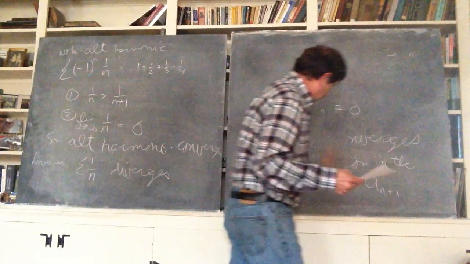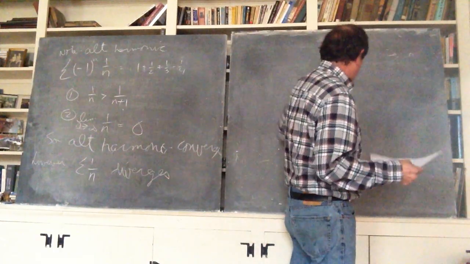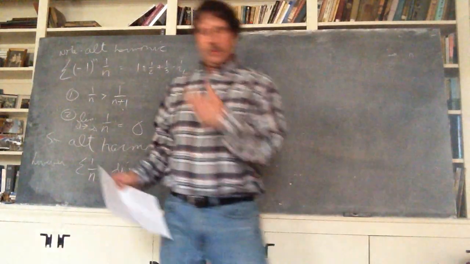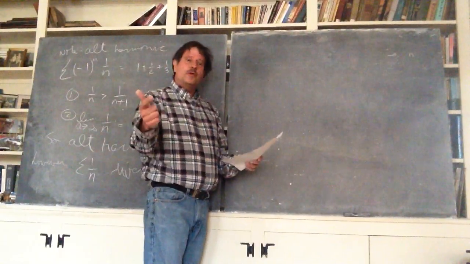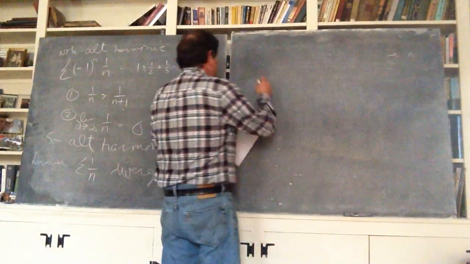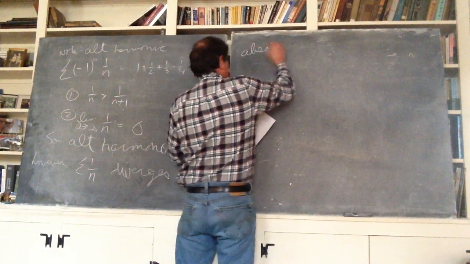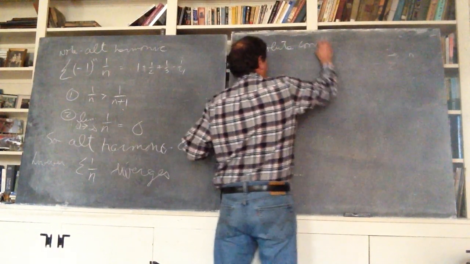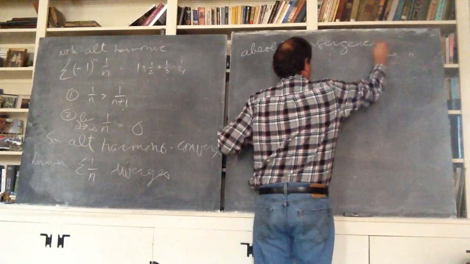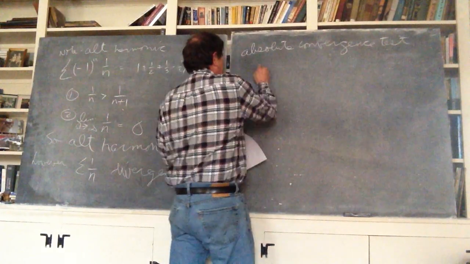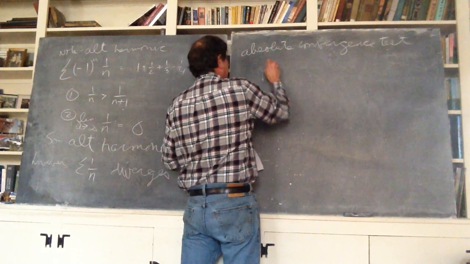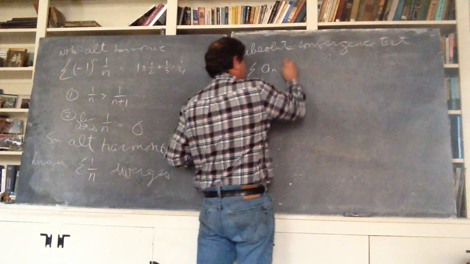the absolute convergence test. As opposed to conditional, we're going to classify series into three: absolute convergence, conditional convergence, or divergent. And so this is the absolute convergence test. All it's saying is, you have a sub n alternating.